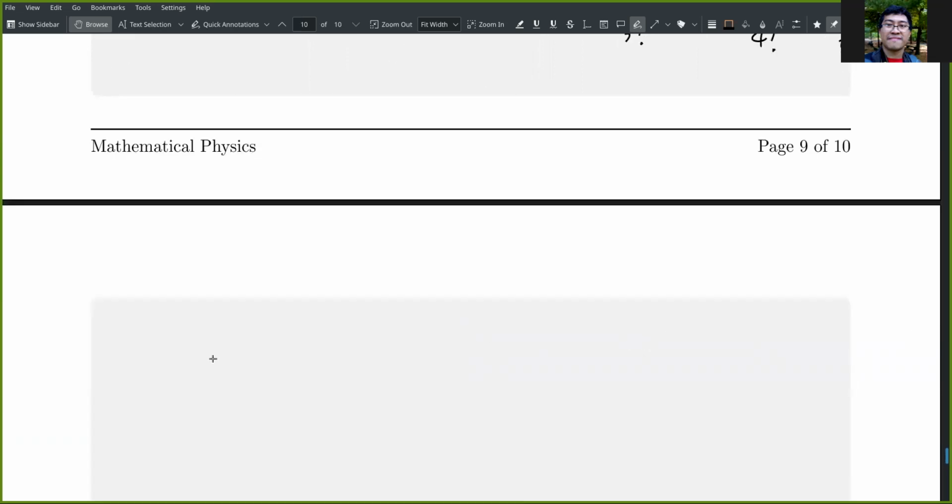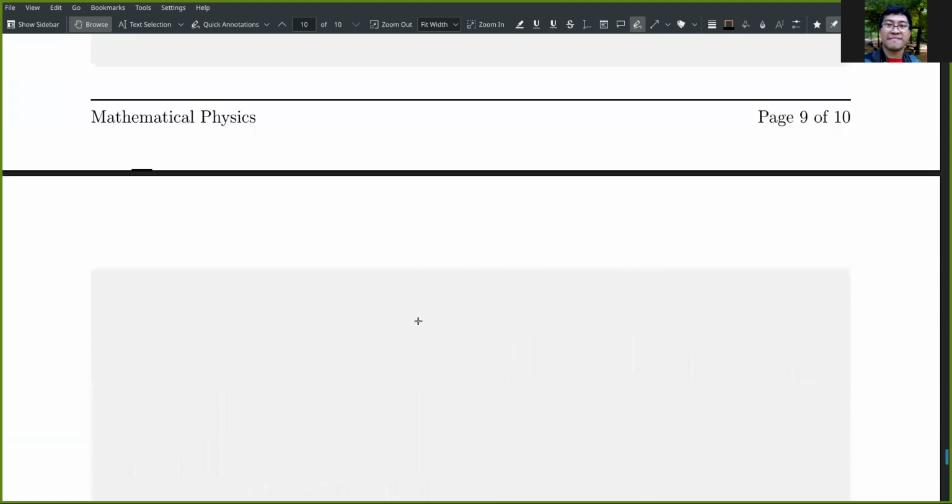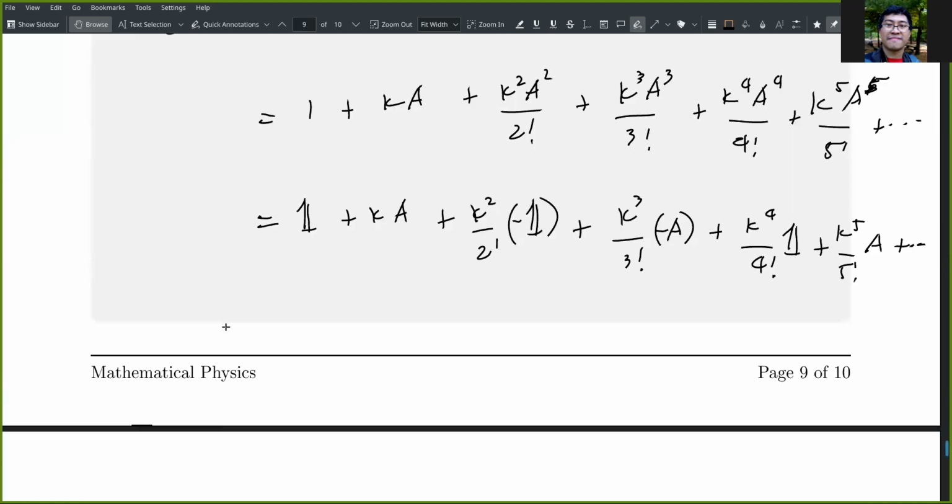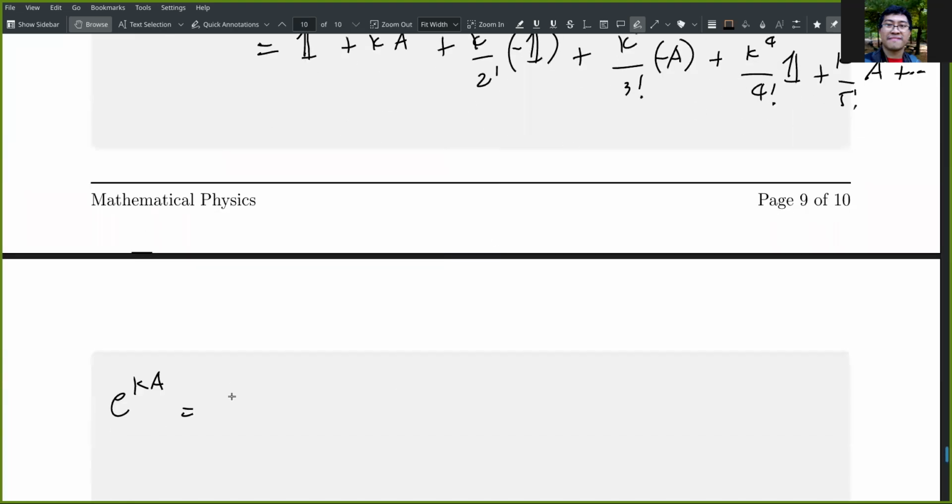Okay, so our e to the power of kA is equal to this one here. Let's group terms that don't have A. So you have 1 minus k squared over 2 factorial plus k fourth over 4 factorial, times the unit matrix 1, and so on. These are terms that don't have the matrix A, just a unit matrix.